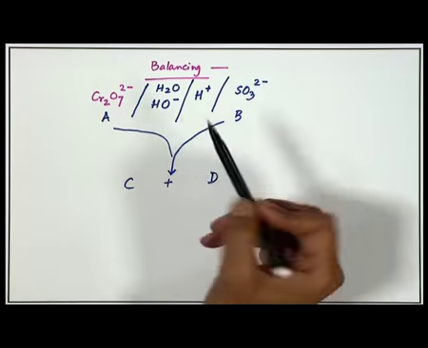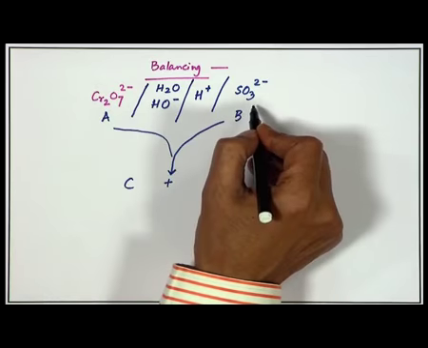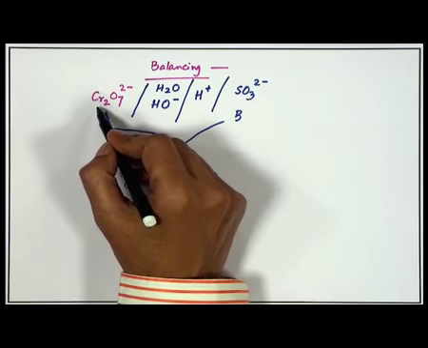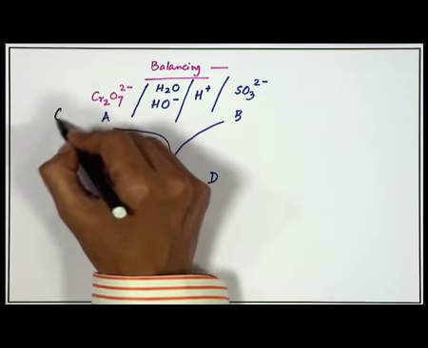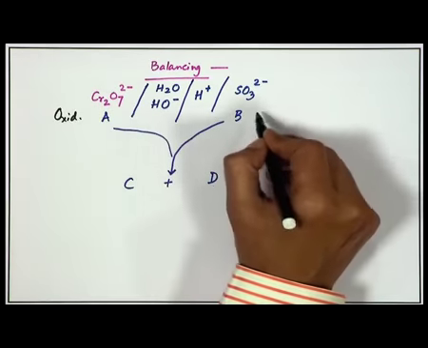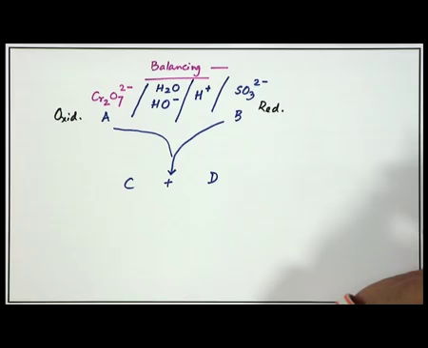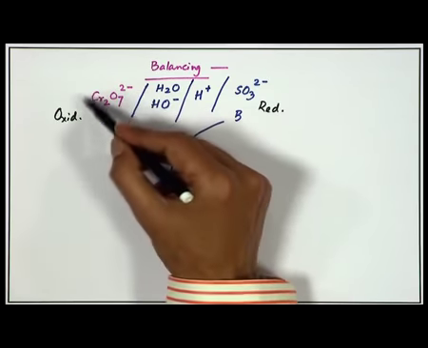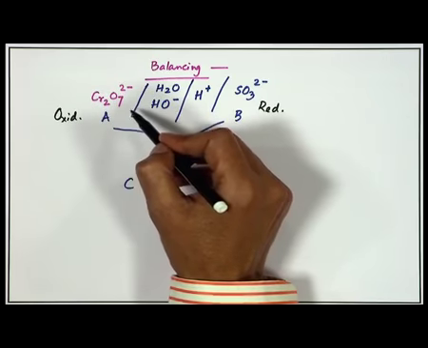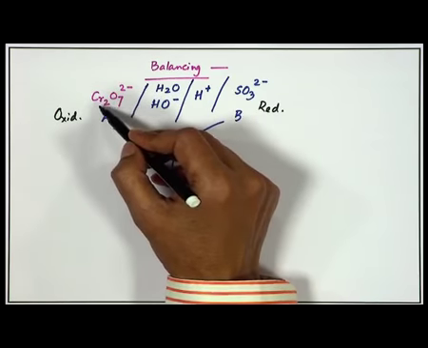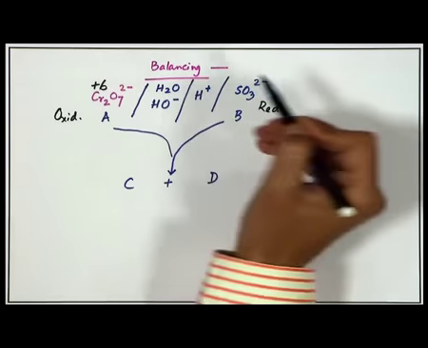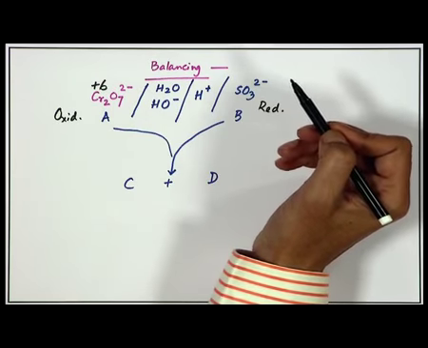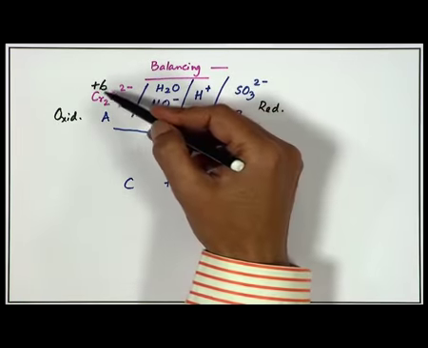Since this is the oxidant and this is the reductant, the oxidant will be reduced. What is the reduced form of this? Chromium is present in +6, hexavalent chromium in dichromate, so it will be reduced.